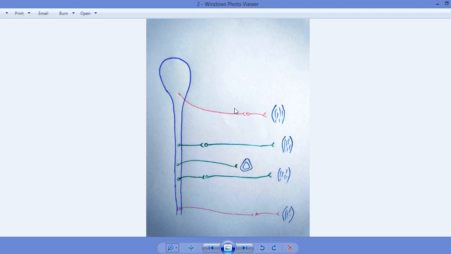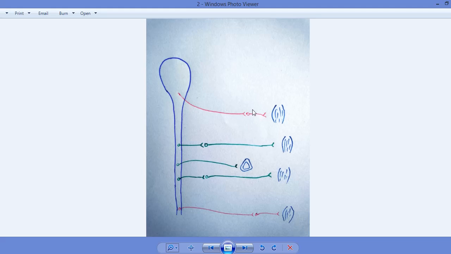The junction or connection of two neurons may be between the axon and the cell body, between the axon and dendrite, or between the axon and axon, but the connection mainly exists between the axon and the cell body.